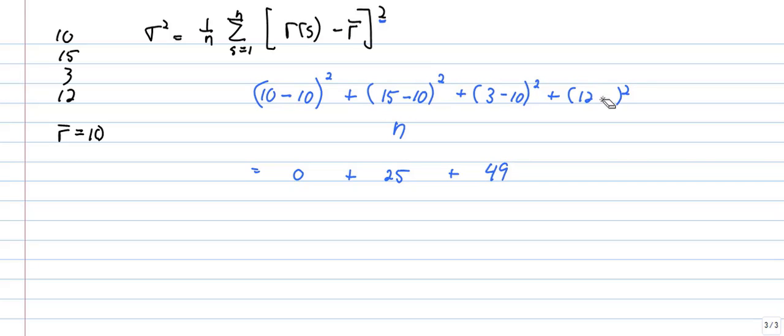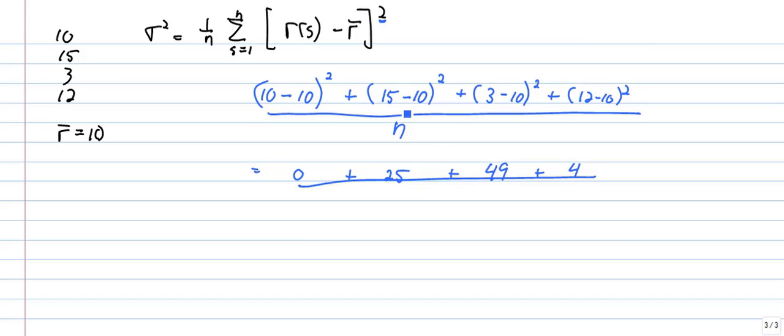Don't you hate it when that happens? We also have the last one, which was 12 minus the mean, which was 10, which is 2, and 2 times 2 is 4. All that divided by, there were 4 observations.